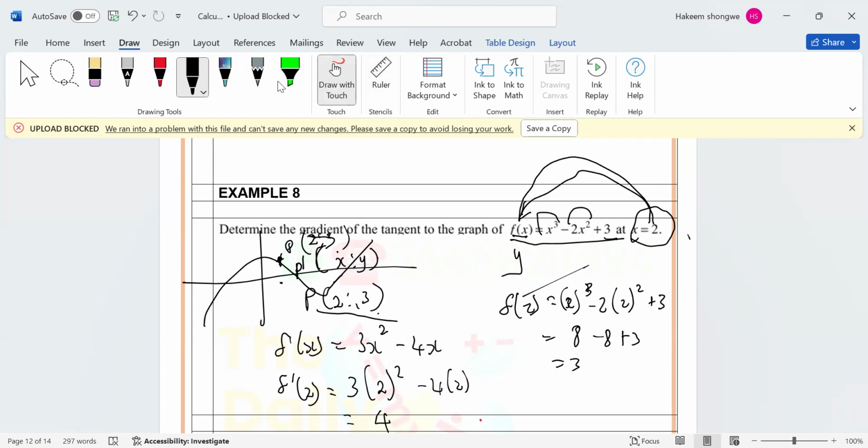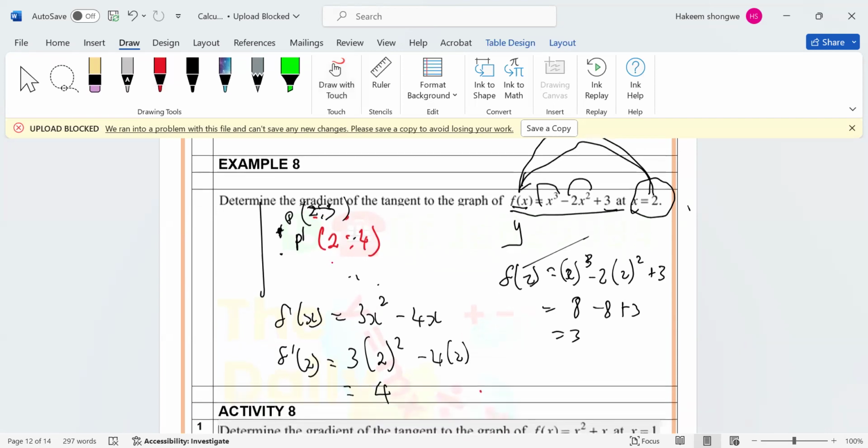So point P prime is (2; 4). Point P is (2; 3). So we have x and y, and we have x and the gradient.